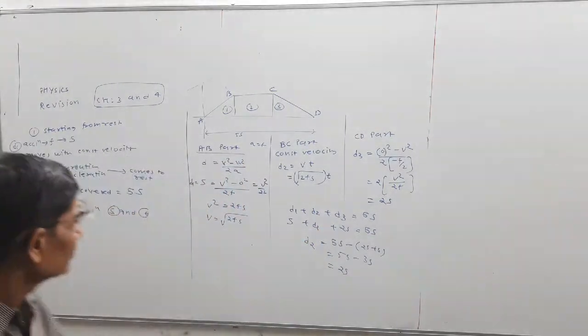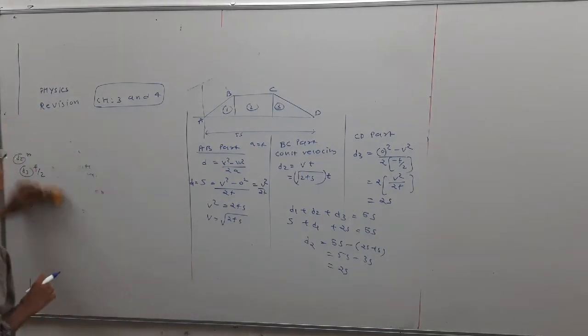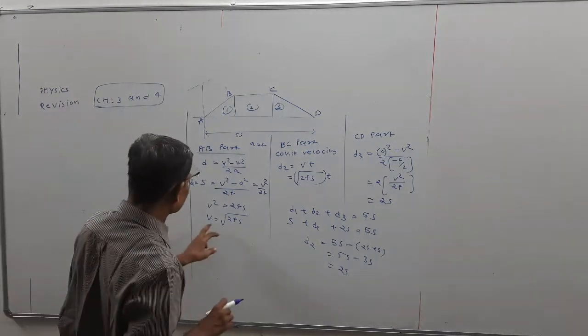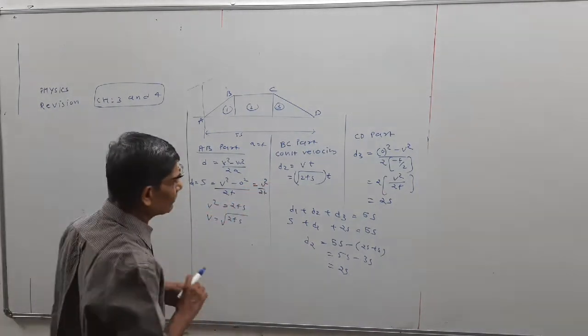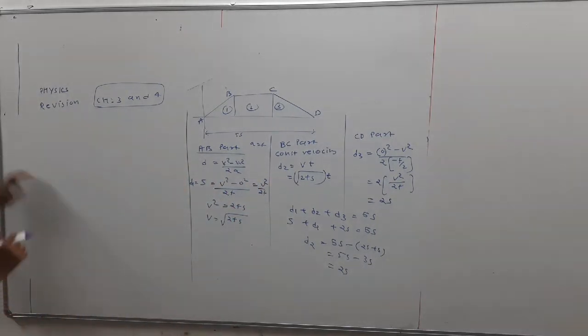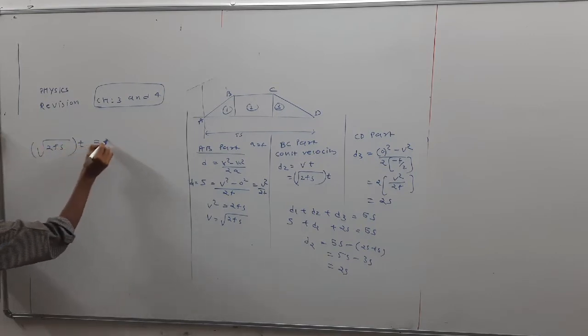Now we have to obtain the relation between s and t. This 2s is the distance covered during the second part, that is our d2. So we can compare. This root 2fs into t is 2s.